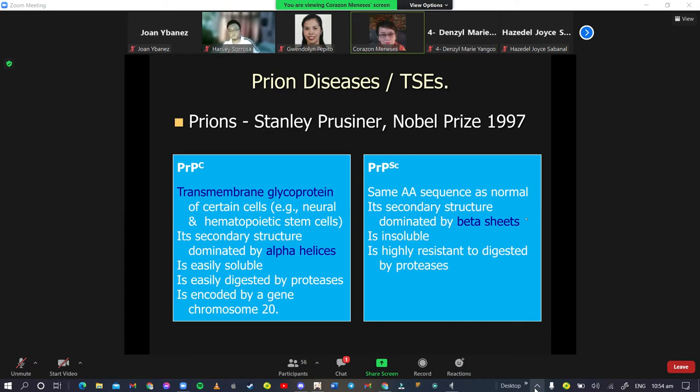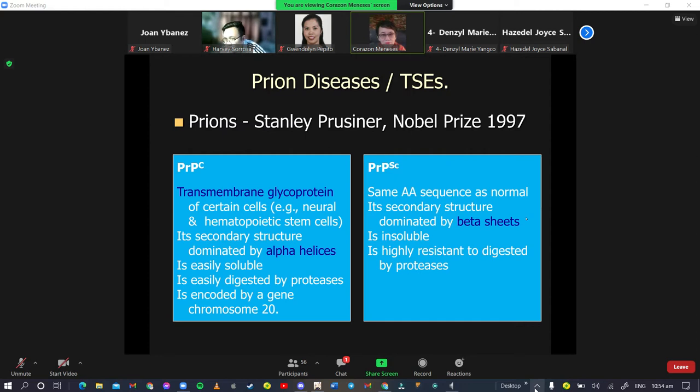The abnormal one is referred to as the SC, which stands for scrapie, an encephalopathy found in lower animals related to cattle, like the goat. Okay, so PrPC is cellular, and PrPSc is abnormal.